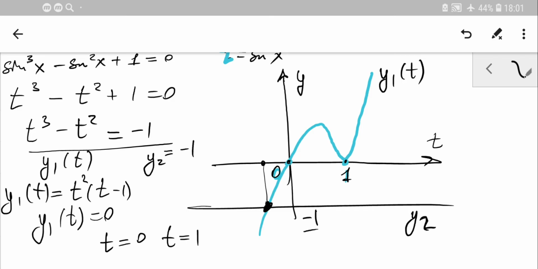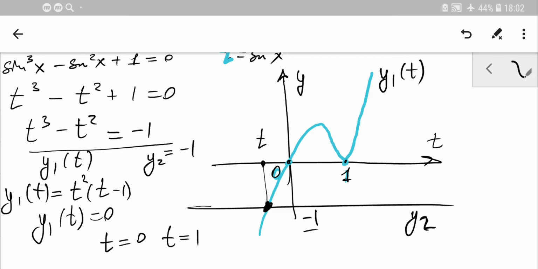In terms of t, we'll definitely have one solution, occurring when t is equal to some number. So we can try to estimate it.